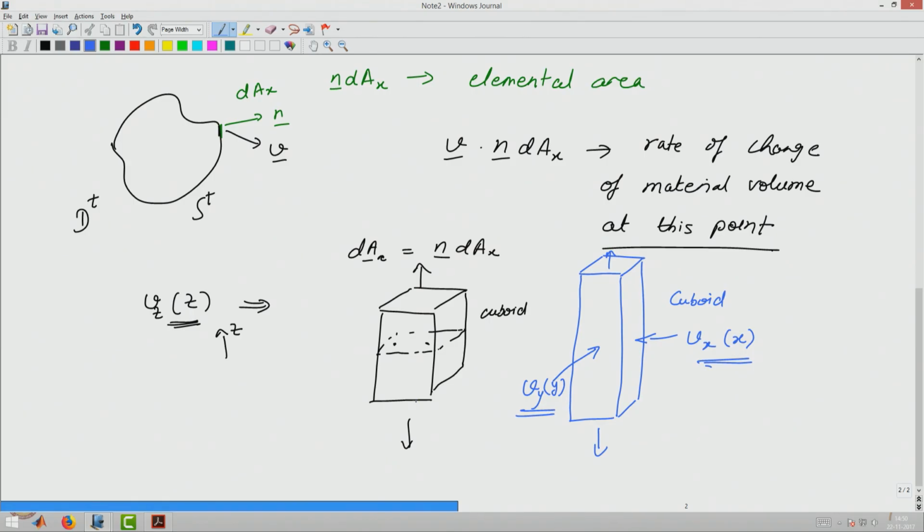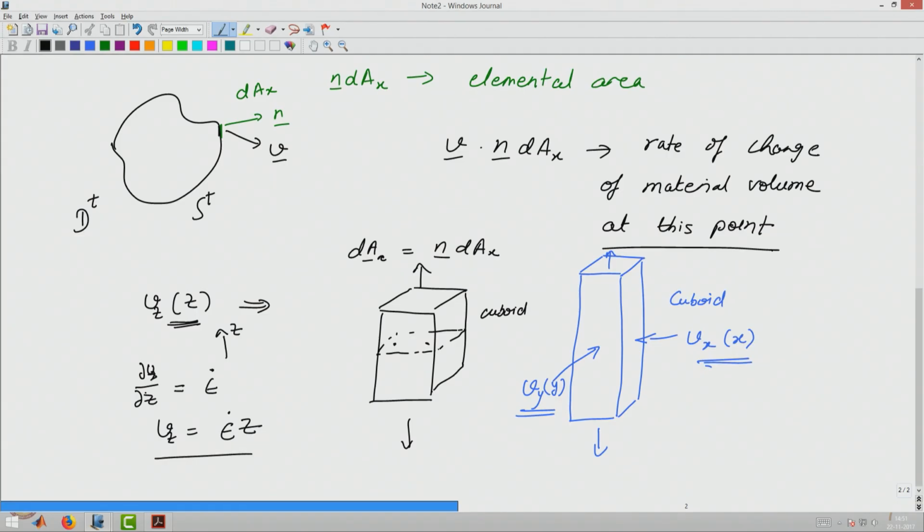We can say that this is being pulled at a constant rate such that we have del V z by del z as a constant value, and given this is the constant value, therefore, we can solve and then say that V z will be a function of z in a given way.